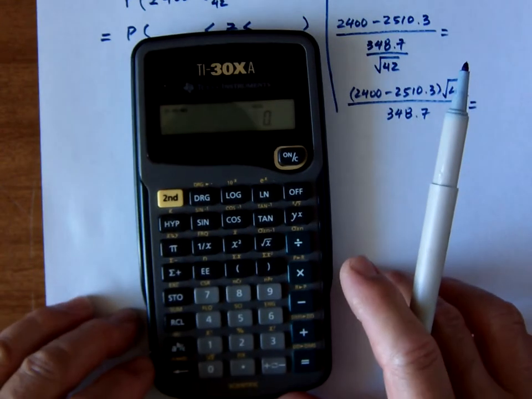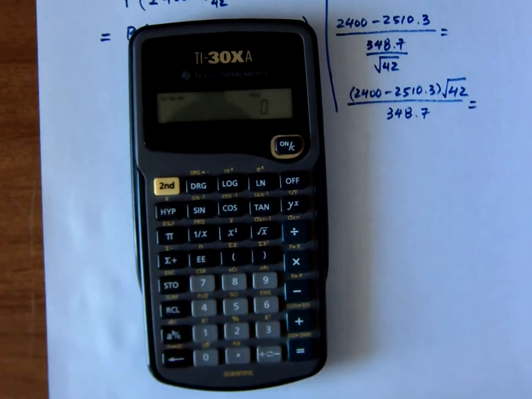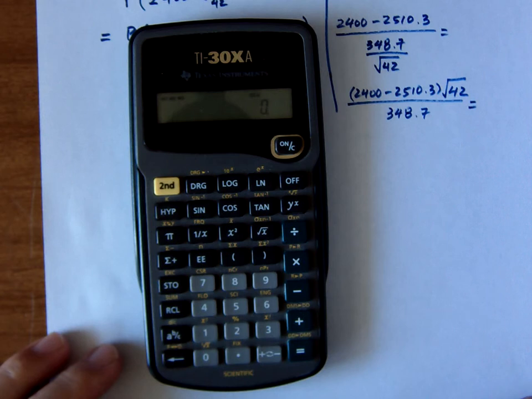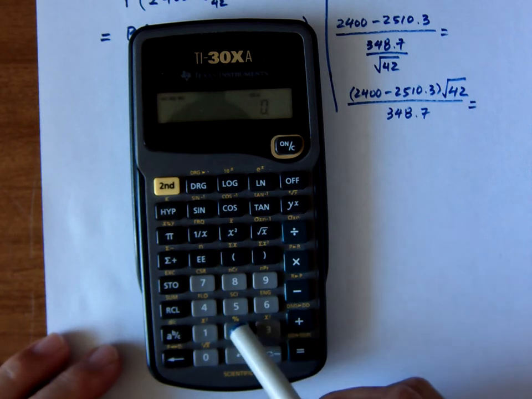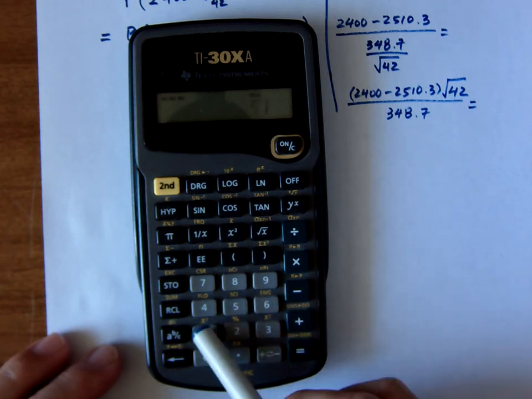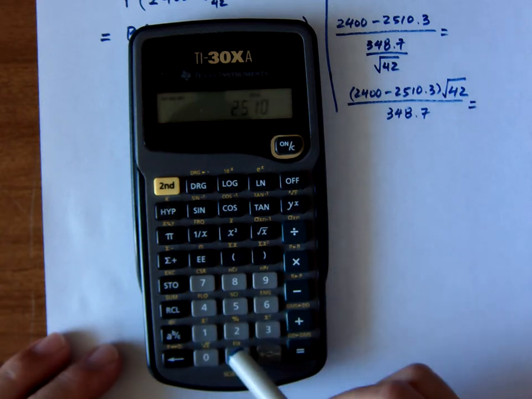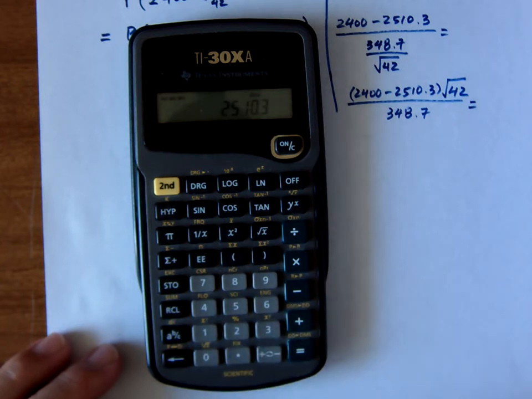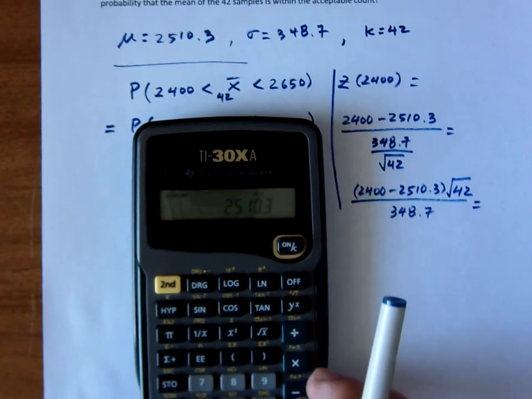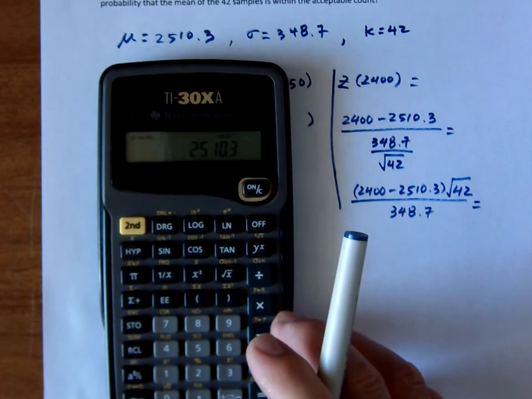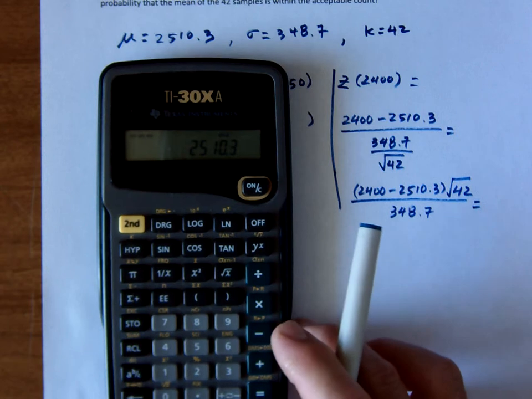So I'm using this old calculator and I'm going to enter 2510.3. You see that's our population mean. And I'm going to store that in the memory.